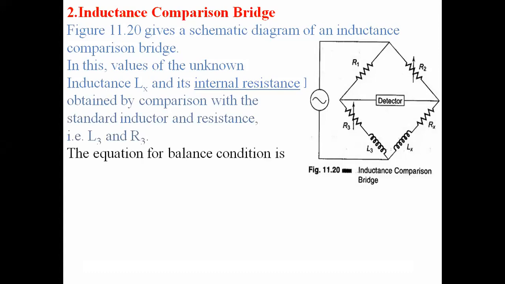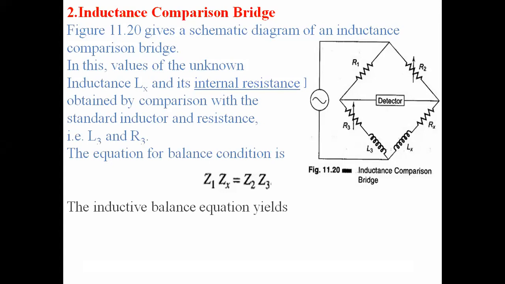The equation for balance condition, all of you know, is Z1 Z4 equals Z2 Z3, that is Z1 Zx equals Z2 Z3. The inductive balance equation is Lx equals L3 into R2 by R1.